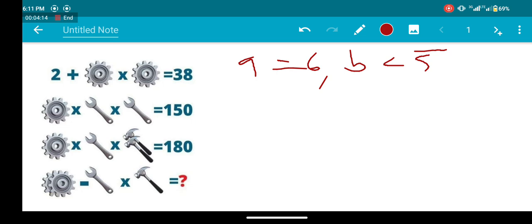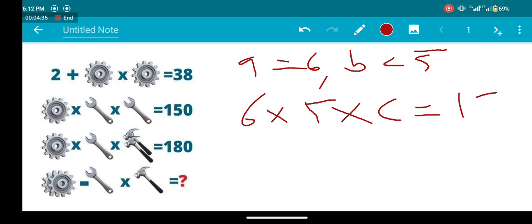Now in the third equation, we will substitute those values into it. So first there will be 6 times 5 times, and in this equation, I'll be representing the hammer with the letter C.